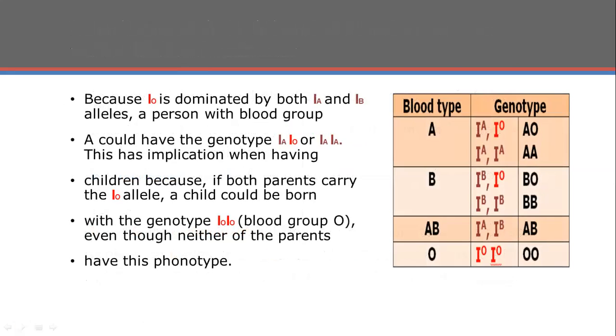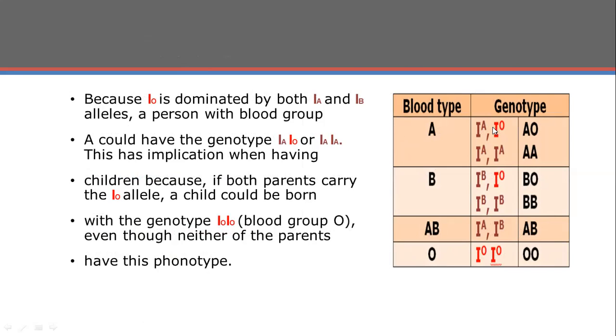Okay, let's see here. Here we have the blood types A, B, AB, or O. We said that O is recessive, so for a person to be type O, the two alleles are O. If it's A, it can be AO or AA; B, BO or BB; and AB, AB.